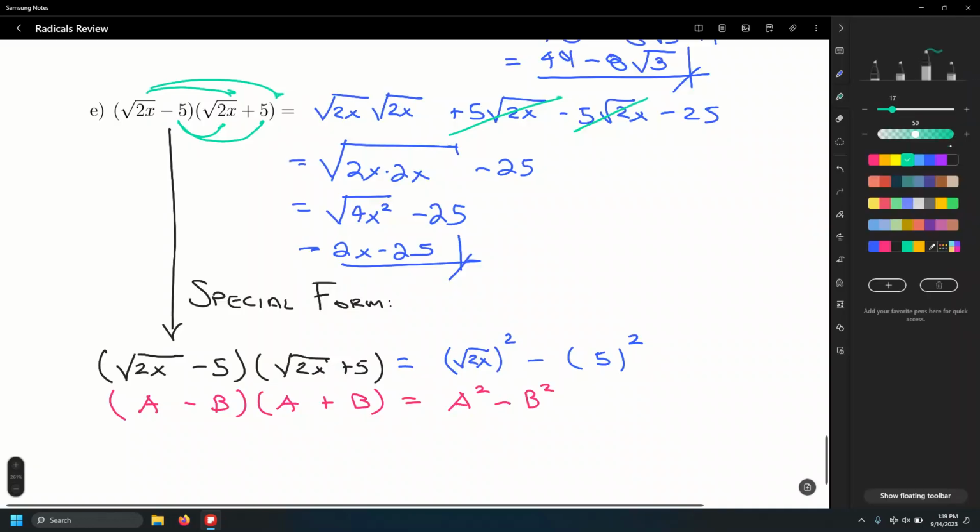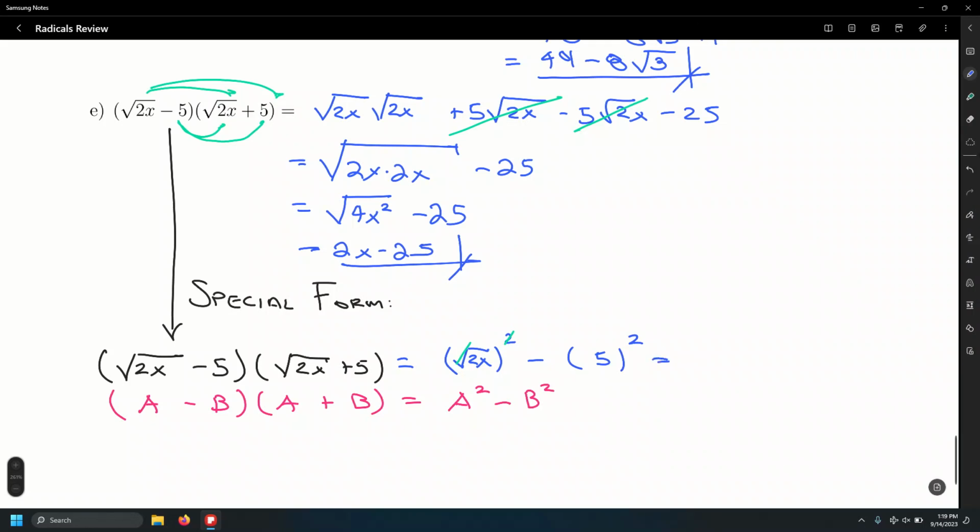From properties of radicals that we did last time, the radical cancels the power, and that's going to leave us with simply 2x and 5 squared equals 25, which is a way shorter method to go about this one. However, you can do this shortcut only if you have these radicals as a product of two conjugate binomials.